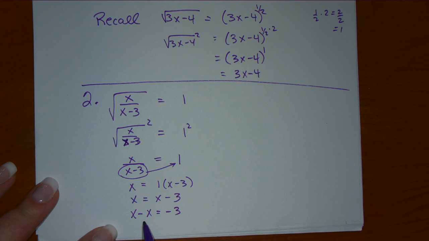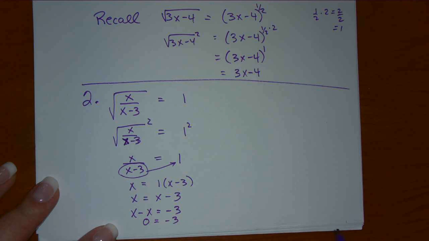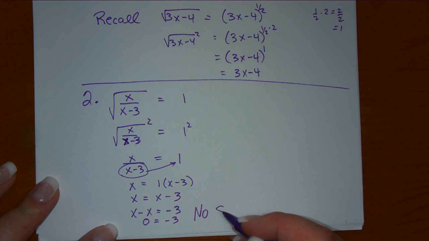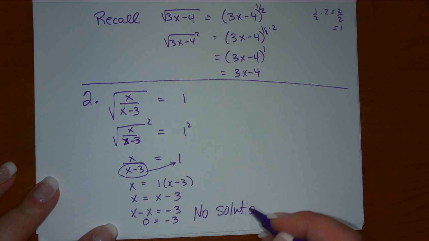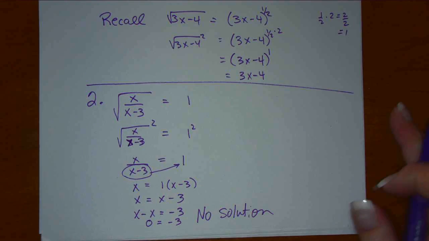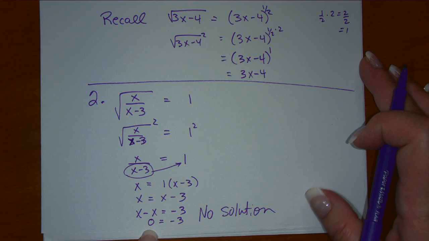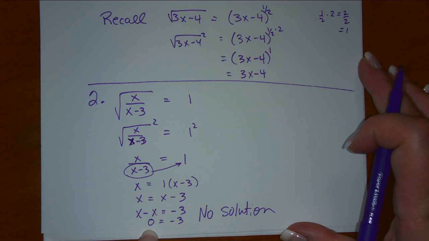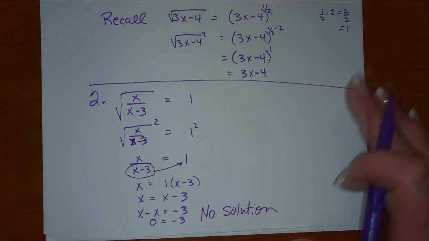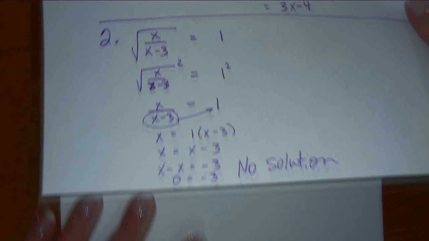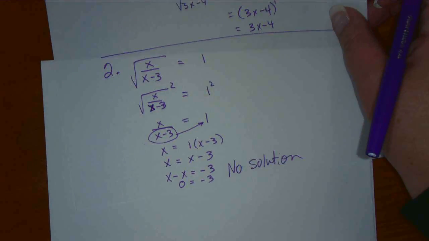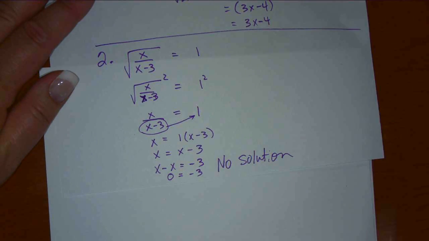Yeah, so no x's is equal to minus 3. What does this mean when you get that situation? No solution. And you just stop. There's no solution. There's nothing to check because the x's canceled out. Okay, so that would be a no solution type.